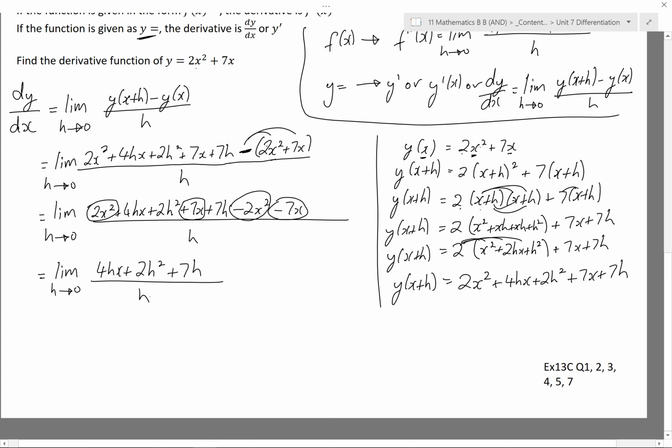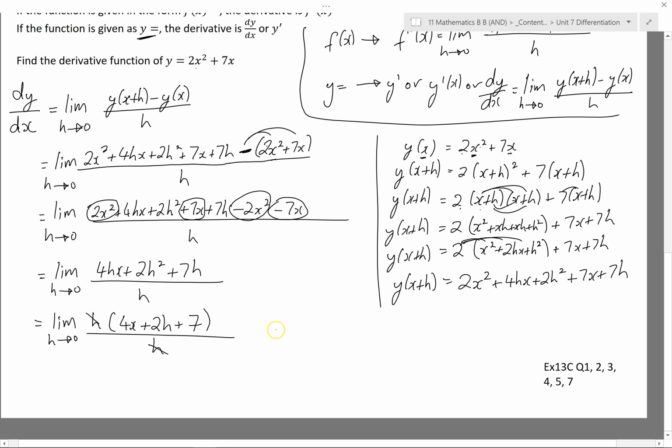Again, can't substitute in h because it would be divided by 0. So I'm going to need to factorize the top line. All I need is a common factor of h. Take an h out of all of these, we'll be left with 4x plus 2h plus 7.